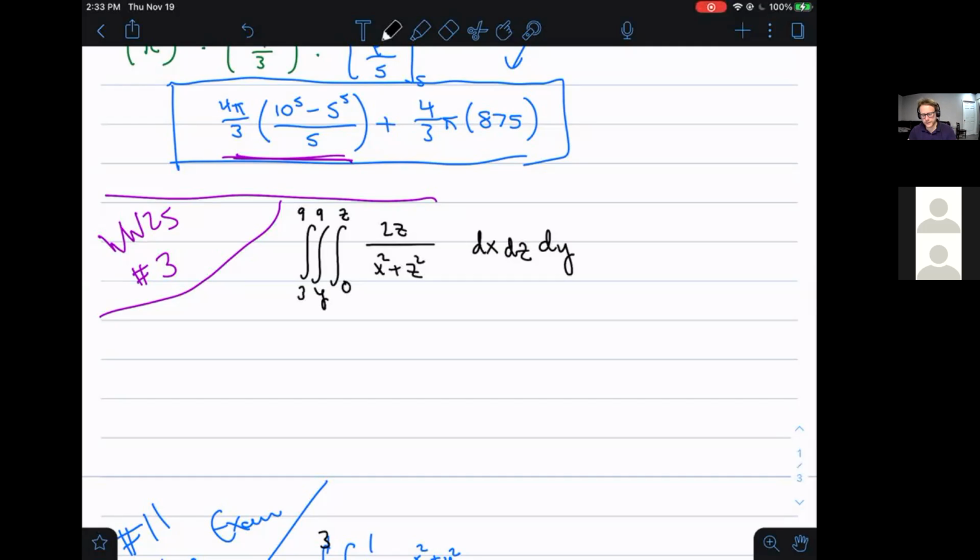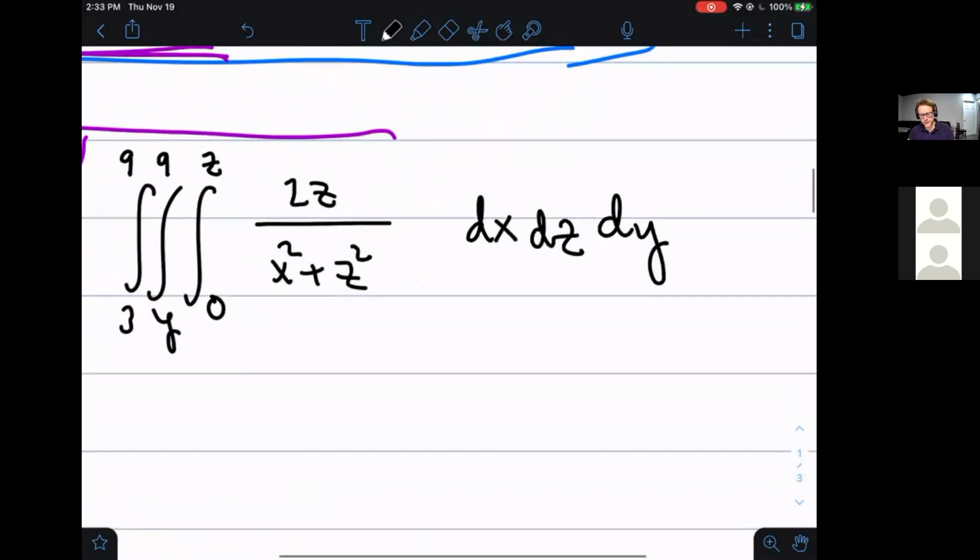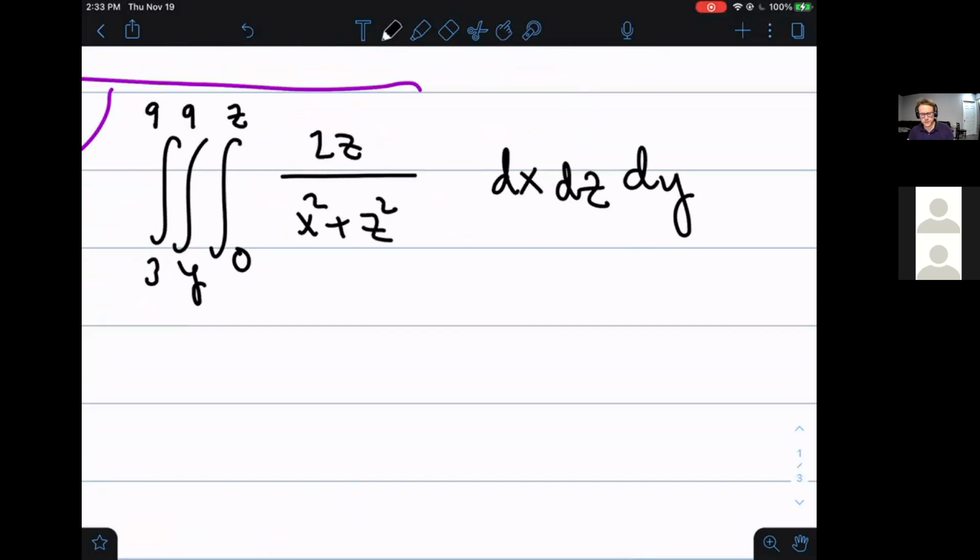And so the question is about this first bit here. If you wanted to integrate this thing with respect to x, you're pretending that all of these z's are constant for the time being. You need to be able to integrate something like 2z over x squared plus z squared with respect to x.